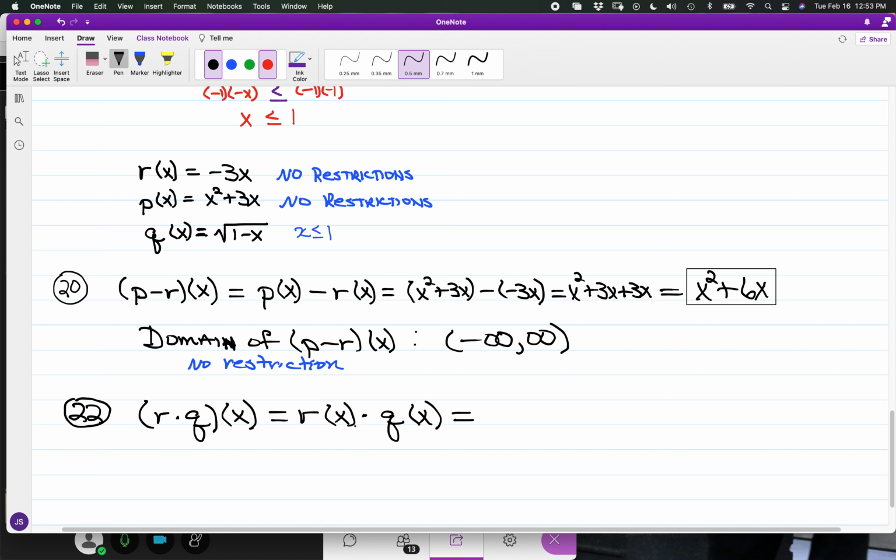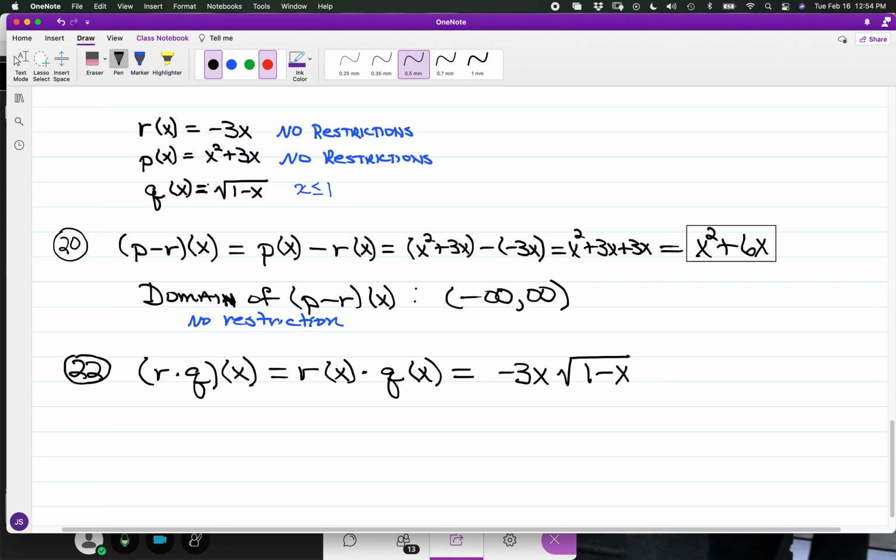For r of x, we have negative 3x. And for q of x, we have the square root of 1 minus x. Just taking what we have now, you're combining the restrictions of r of x and q of x.